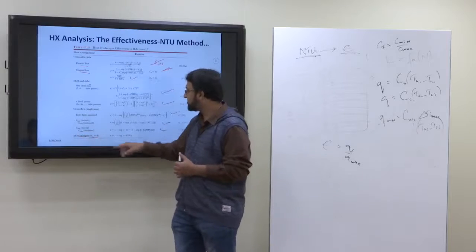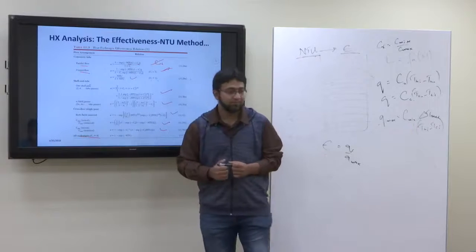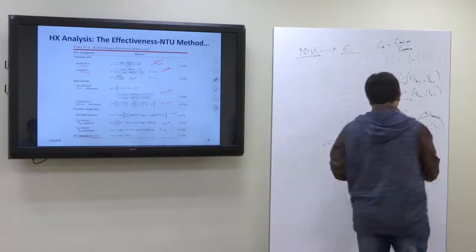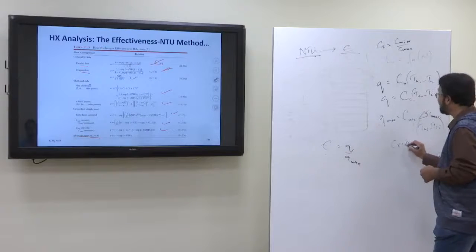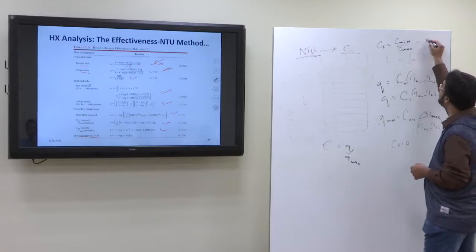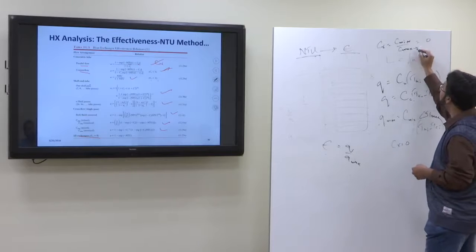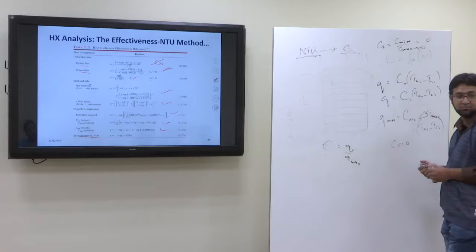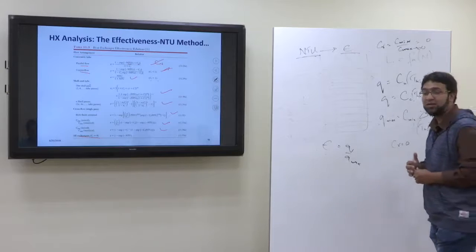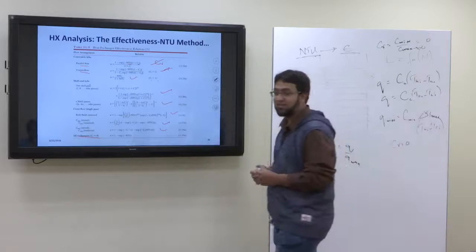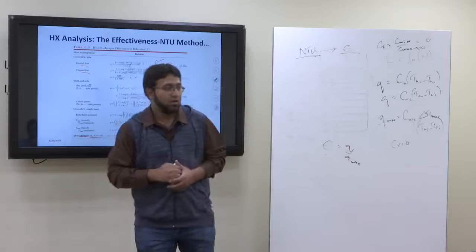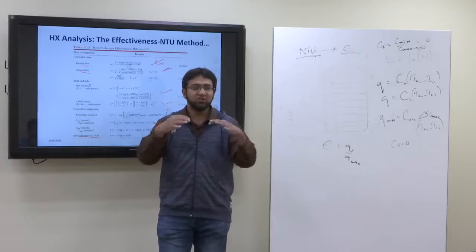For all heat exchangers, if CR is 0, CR 0 means what? CR 0 means C maximum is infinity. C maximum will be infinity only in the case of condensation or evaporation.